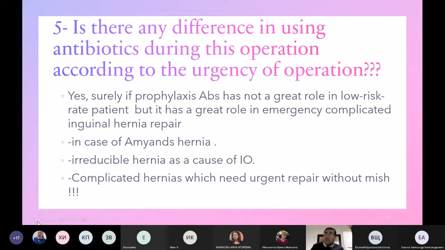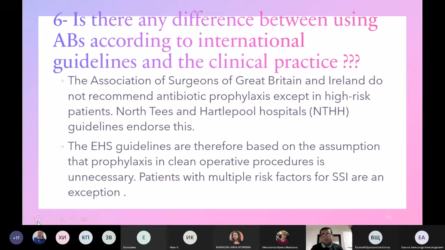So in the case of Amyand's hernia, for example, the hernia in which the appendix, or a part of an inflamed appendix, is involved, antibiotics are essentially used pre-operatively, during operation, and post-operatively also as a course of treatment. A reducible hernia as a cause of intestinal obstruction also needs follow-up and a course of treatment, which will include antibiotics. Complicated hernias which need urgent repair without mesh are also in need.